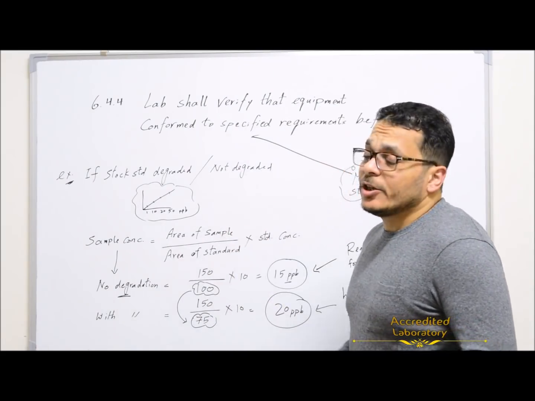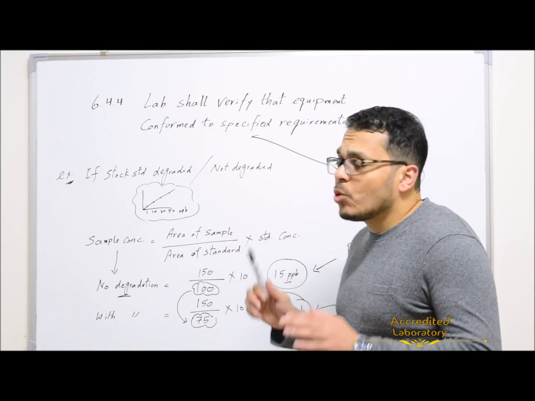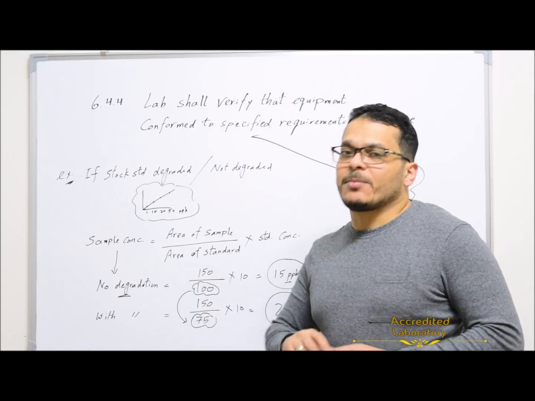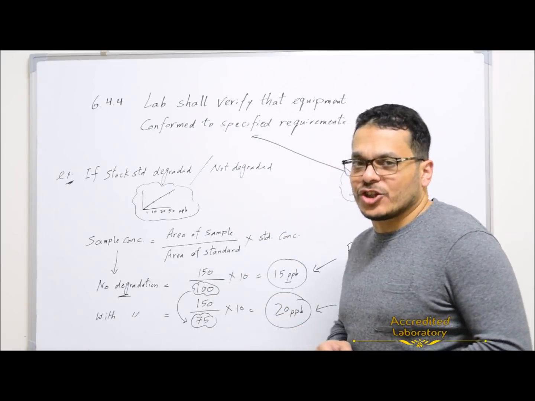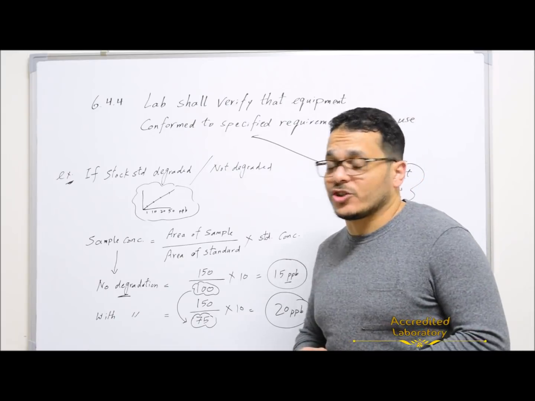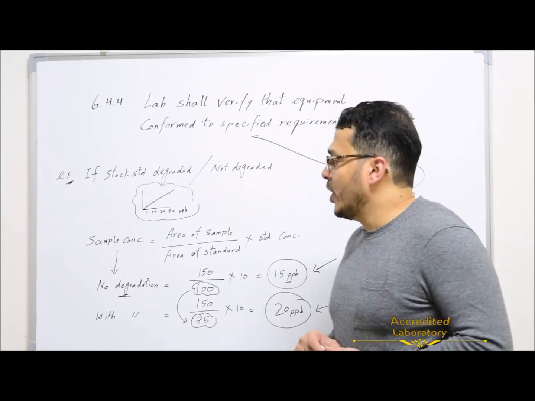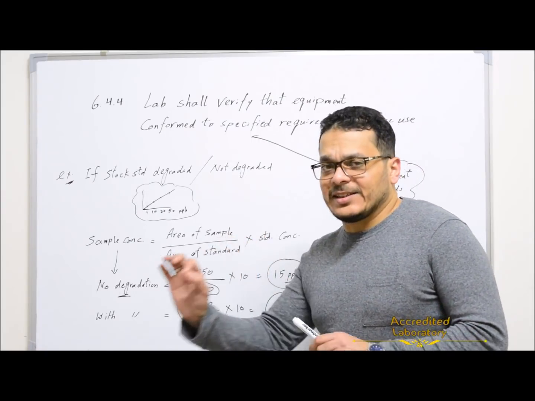From this example, you will know that if you have a degraded standard, you will never know if you analyze a spike sample, or from your calibration curve, or if you use a verification standard, because you will get a result which is accepted for you, but you don't know that this standard degraded.